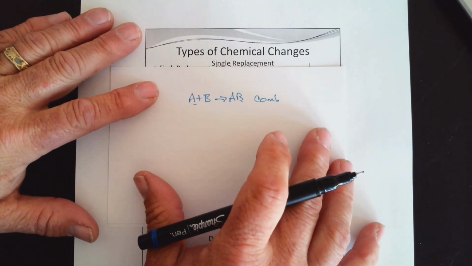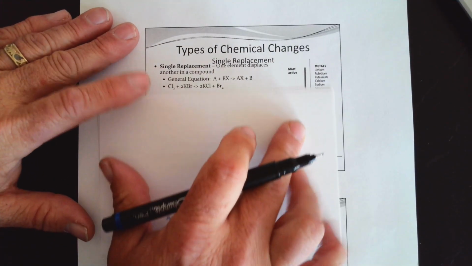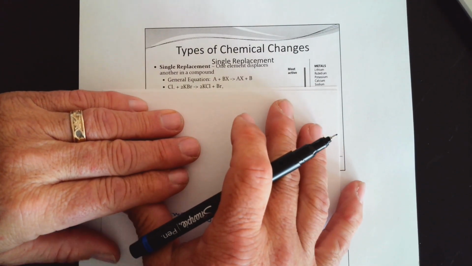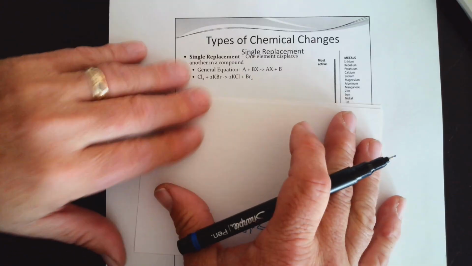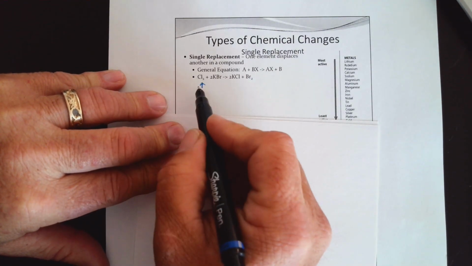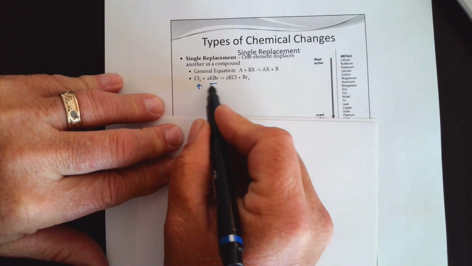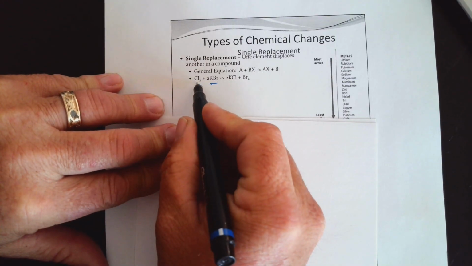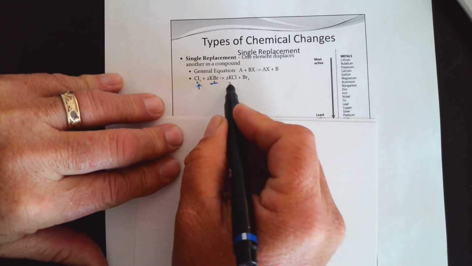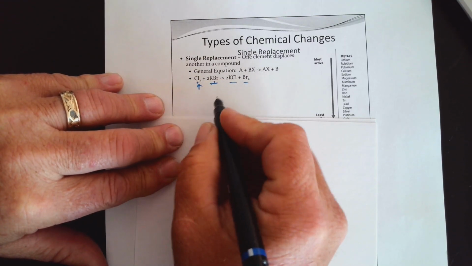Single replacement is really what the name implies, that we're going to have a single element, one all by itself. We have a compound, and this single element is going to replace one and make a new compound and have a new single.